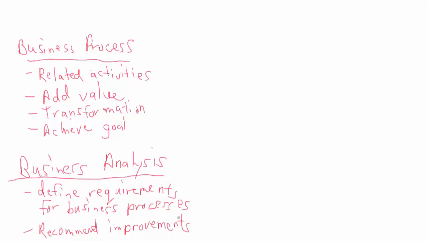So we as analysts understand the business and what business needs are so that we can define what business processes need to be put in place, what are the requirements for those processes, and we can recommend different types of improvements.